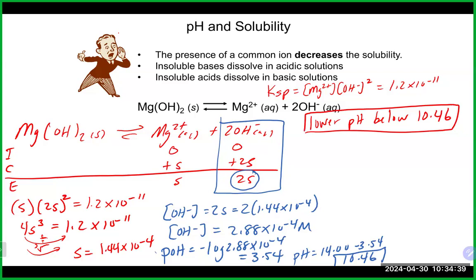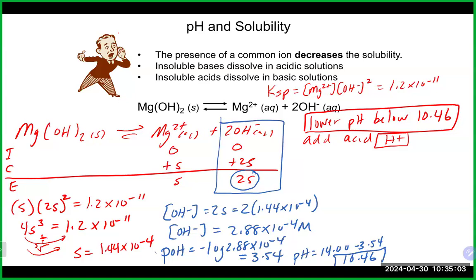So if I wanted to lower this pH below 10.46, the way I would typically lower a pH is, would I add an acid or base to it? I would add an acid, all right? And when we add an acid, that means that we are essentially adding H plus, right? It's basically what we're adding.